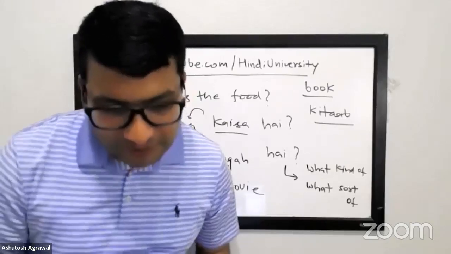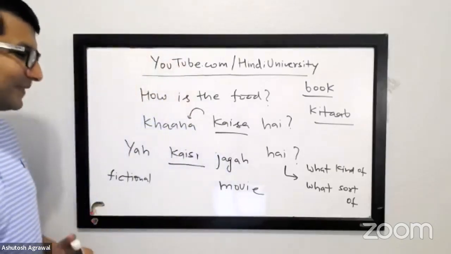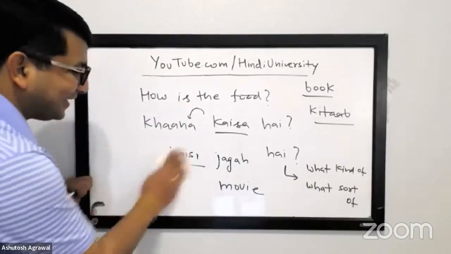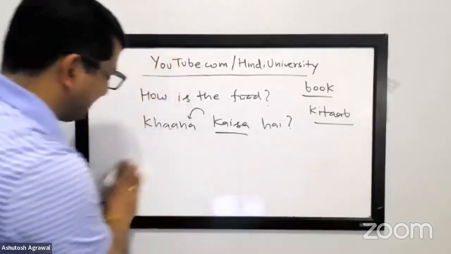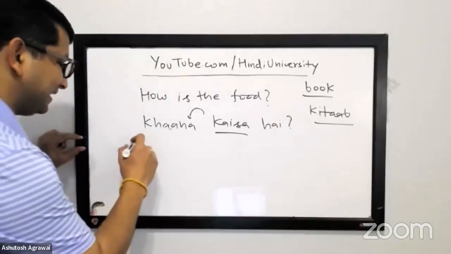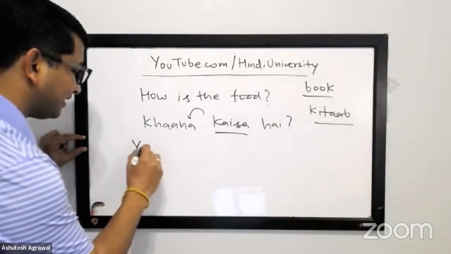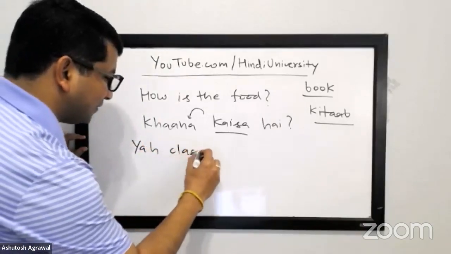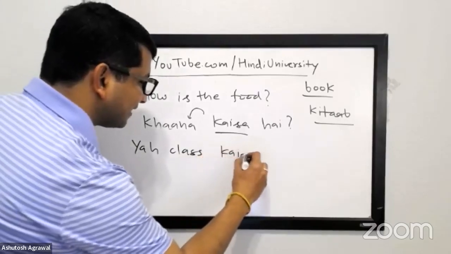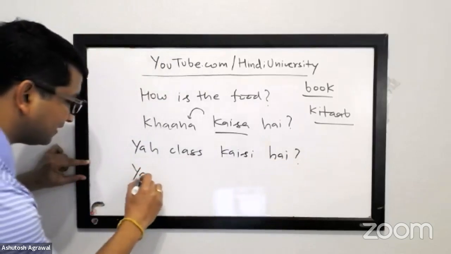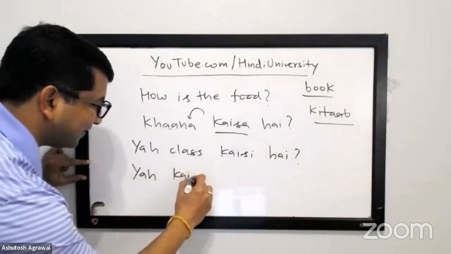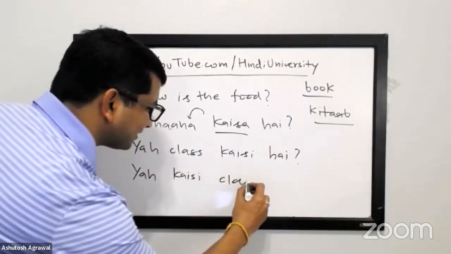Sharmila ji, how are you doing? ठीक हूँ. Okay, you want to pick? हाँ, तो यह कक्षा कैसी है? तो this class. Okay, यह क्लास कैसी है? Okay, versus यह कैसी कक्षा है? Yeah, very good. यह कैसी क्लास और कैसी कक्षा है?